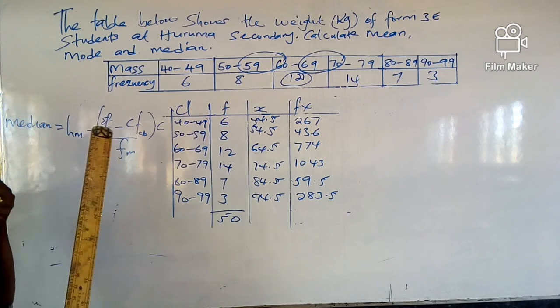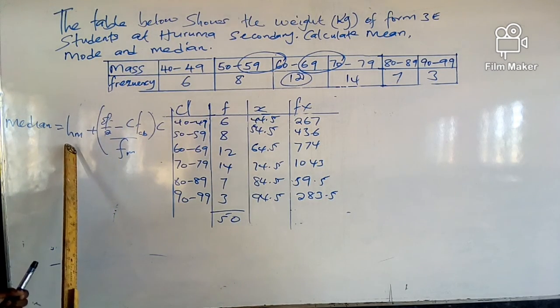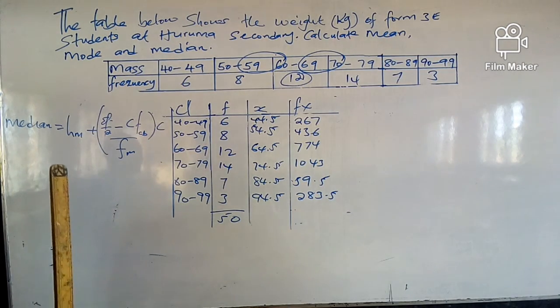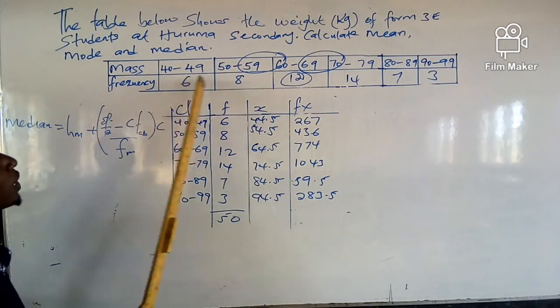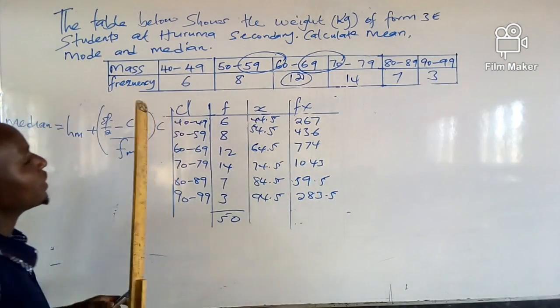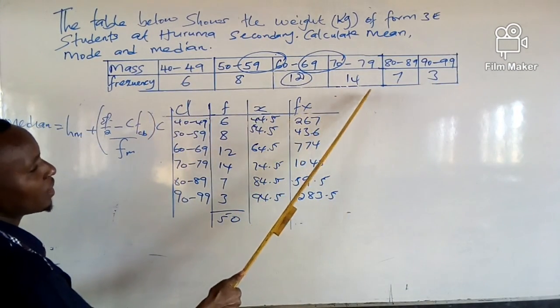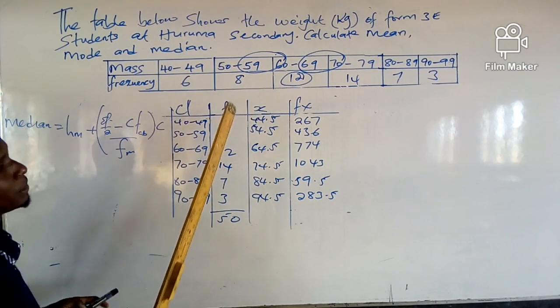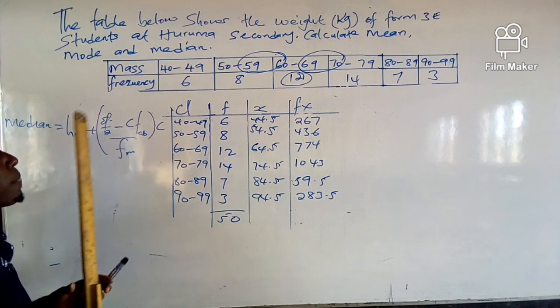In this case, for the lower class boundary of the median class, we have to identify the median class. Since there are 50 members, the 25th and the 26th members will be in the middle, since the data has been arranged in ascending order.